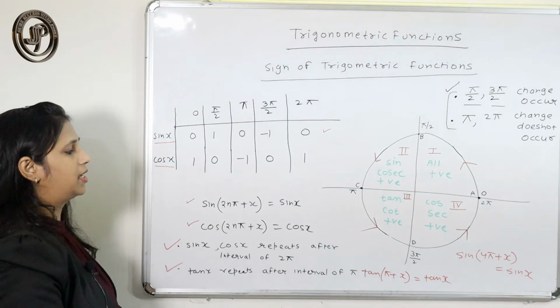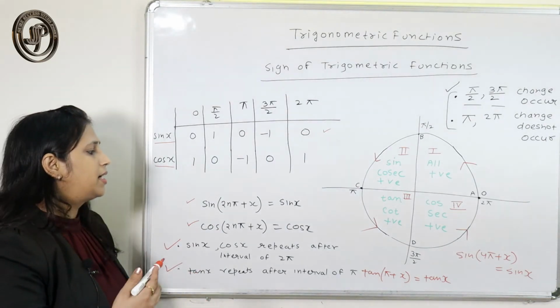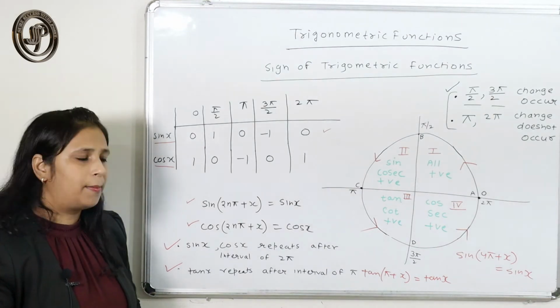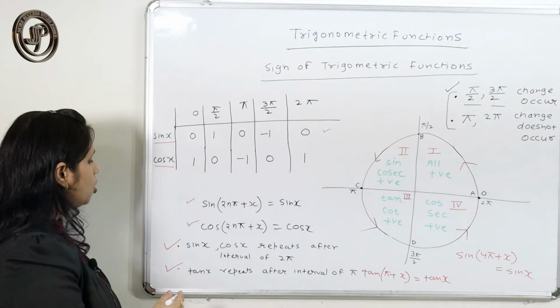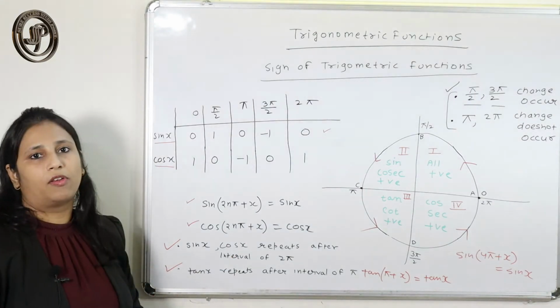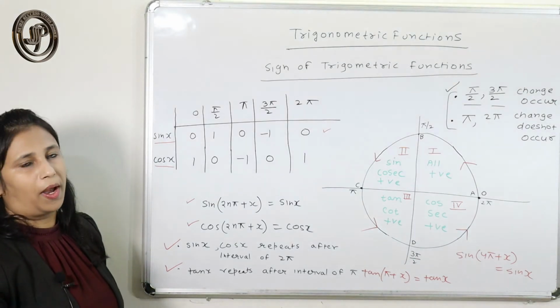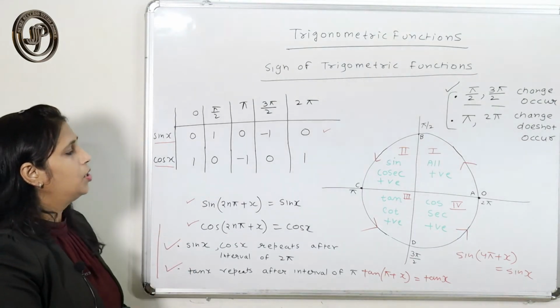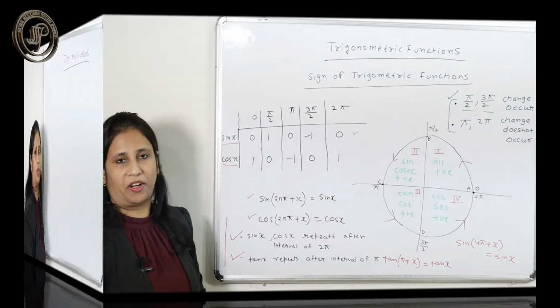Similarly, tan of 2 pi plus x, tan of 3 pi plus x, tan of 4 pi plus x will be tan x only. So it repeats after an interval of pi, but sine and cos repeat after an interval of 2 pi. These are the basic things that you should memorize to do the trigonometric part.